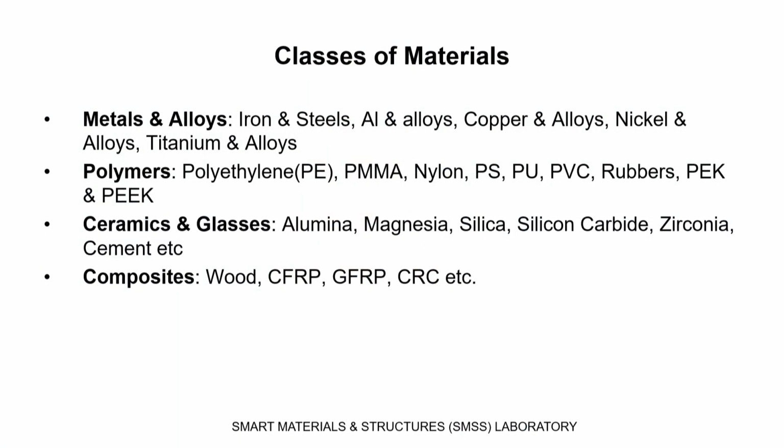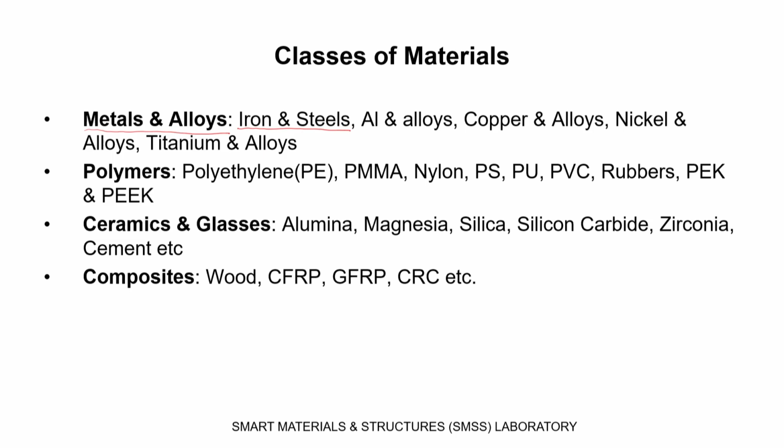So, first important point is that we have to be aware of the different classes of materials. Like I told you, the very first important class is the metals and the alloys, and there the most important group that is being used for centuries is iron and steels.